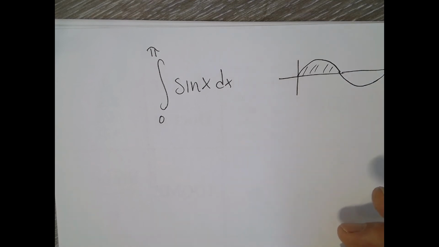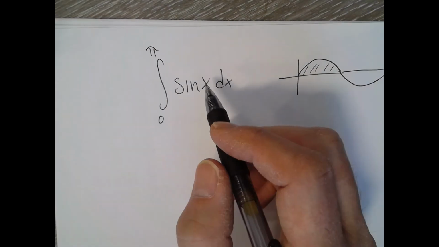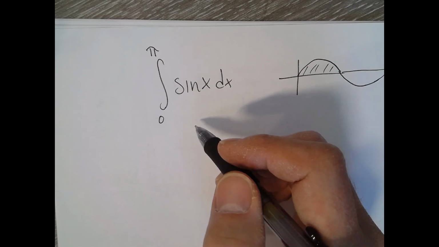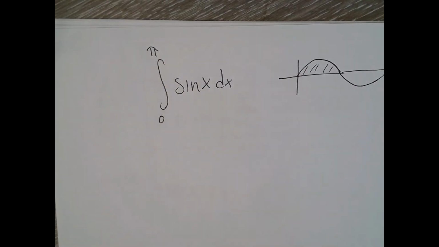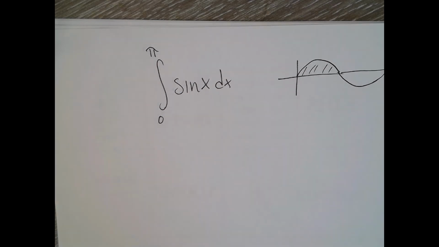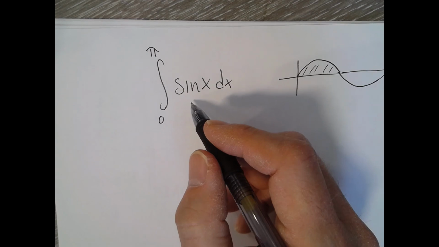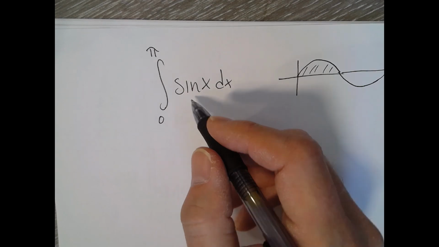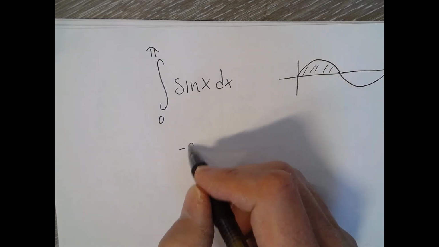So let's see if we can do that using antiderivatives, and it's called the fundamental theorem of calculus. What is the antiderivative of sine x? What do you have to take the derivative of to get sine x? It's negative cosine x. The integral goes away; we have found the antiderivative.